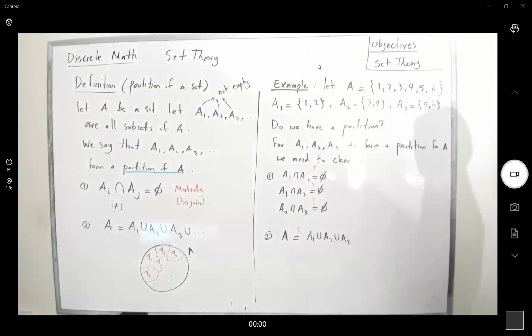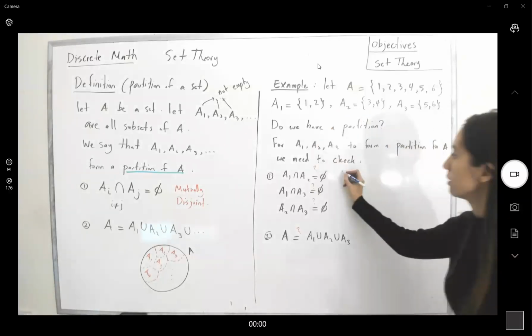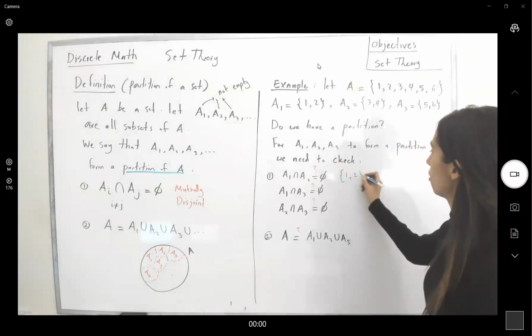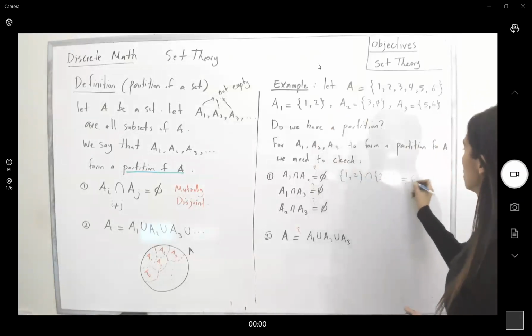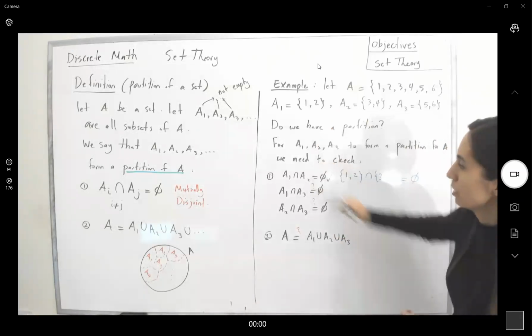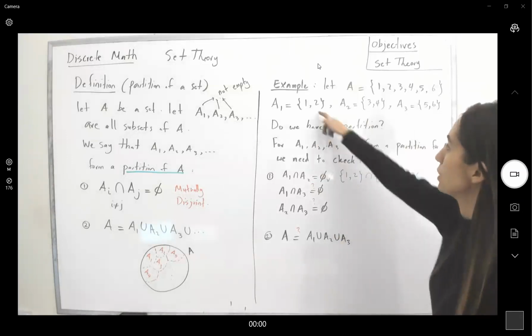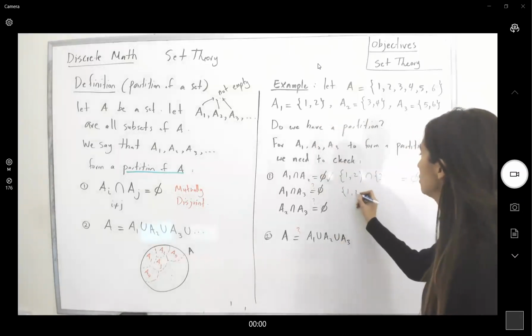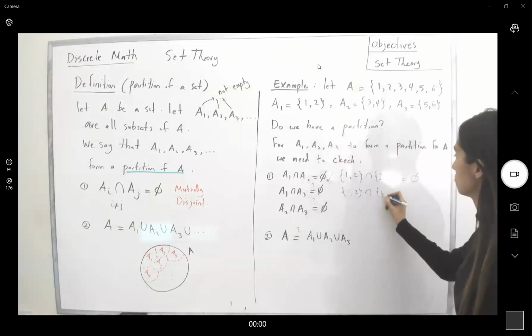Perfect. So what's the intersection between A1 and A2? There is no intersection between 1 and 2, 3 and 4. This is empty. So let's erase the question mark. A1 and A3, 1 and 2, intersection 5 and 6.